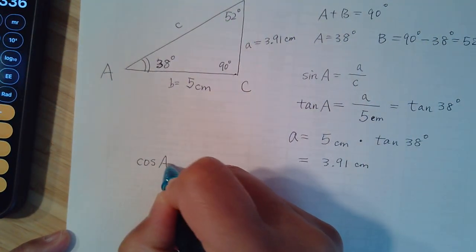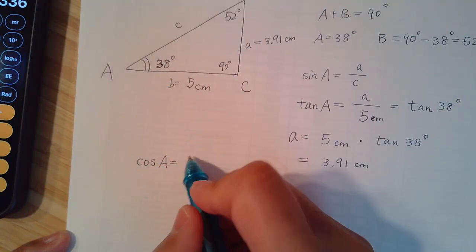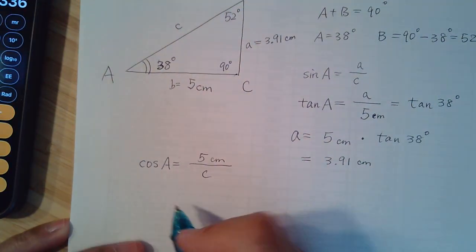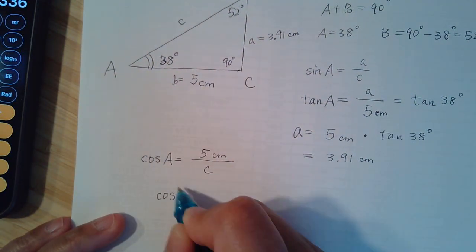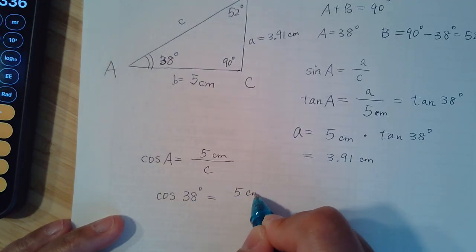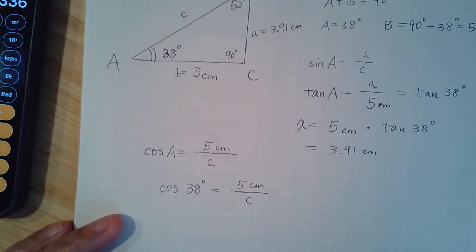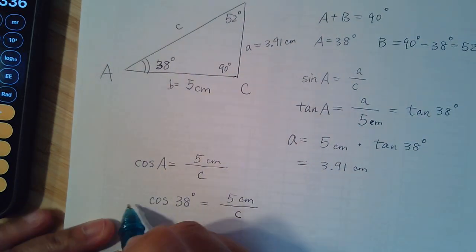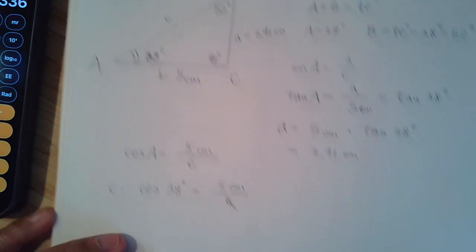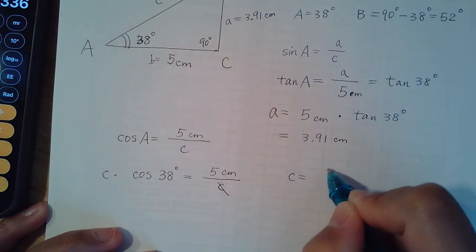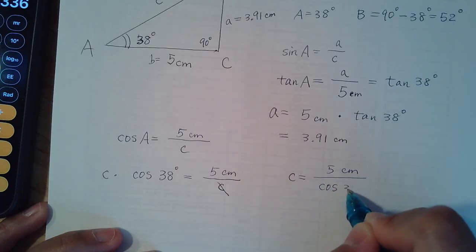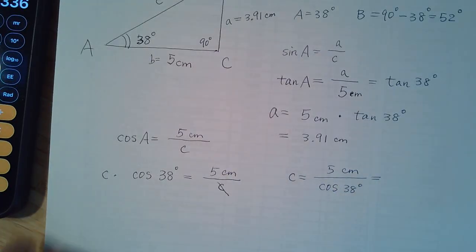Cosine A is going to be 5 centimeter over C. Therefore cosine 38 degrees equals 5 centimeter over C, and then I'm going to multiply by C on both sides, so C is gone, and then I divide by cosine 38 degrees, so C should be 5 centimeter divided by cosine 38 degrees. Let's see what that is.